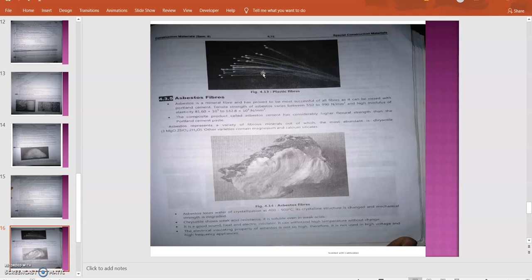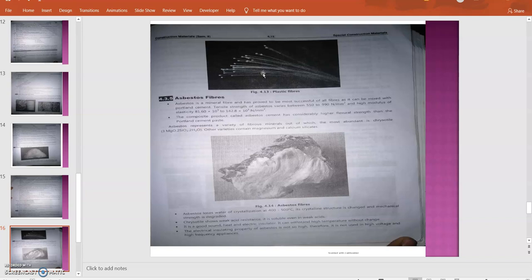The tensile strength of asbestos varies from 550 to 990 Newton per mm square, and the high modulus of elasticity is 81.60 x 10^3 to 142.8 x 10^3. The composite product called asbestos cement has considerably higher flexural strength than Portland cement.